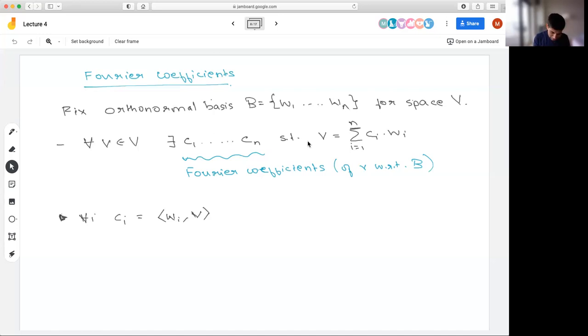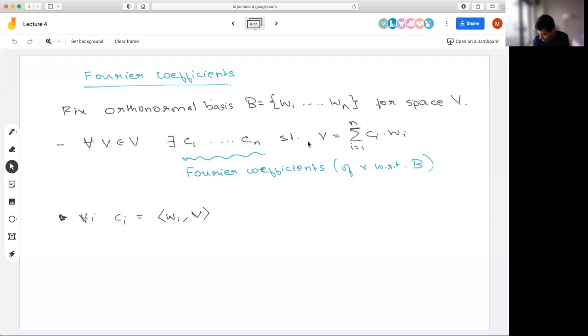Okay. And more generally, if you have seen Fourier analysis, depending on the setting, sine and cosine functions can form a particular orthonormal basis for functions over, let's say, the interval 0 to 1 or 0 to pi, or for periodic functions.